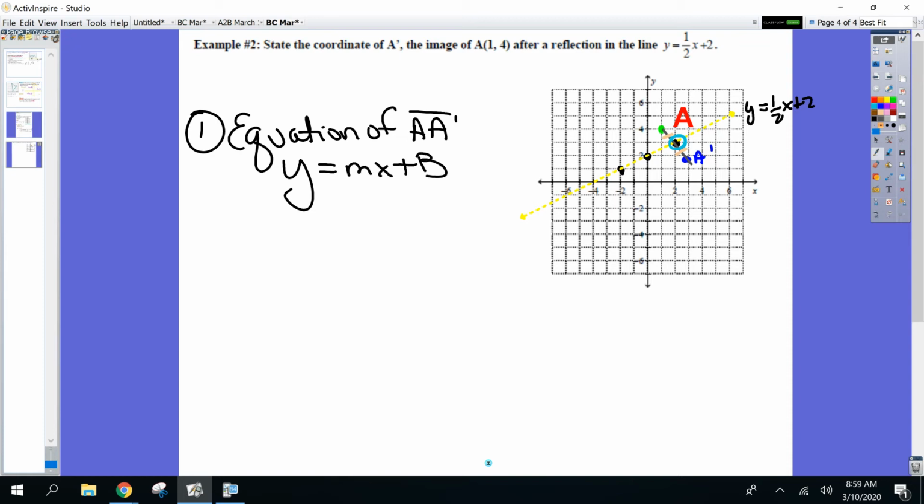You're going to need slope, which you can find. You have enough knowledge to find the slope of that segment because you know the line of reflection. And you're going to have to find the y-intercept. Okay? I'll give you another 2-3 minutes now. That's all I want you to do, find the equation of AA prime for me. That is it. You have more than enough knowledge to find the equation of it.